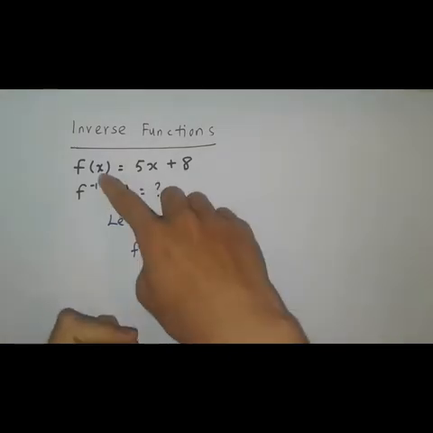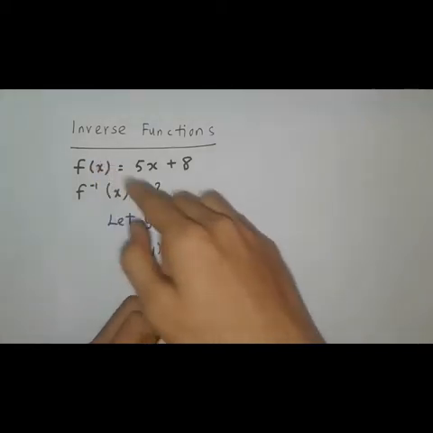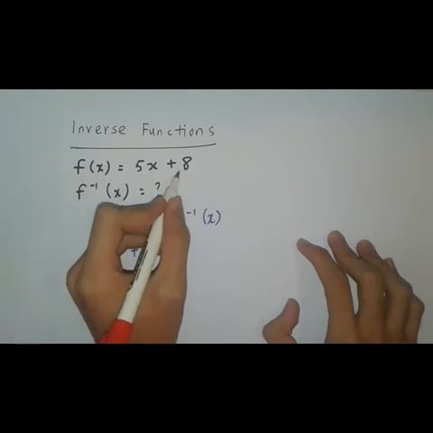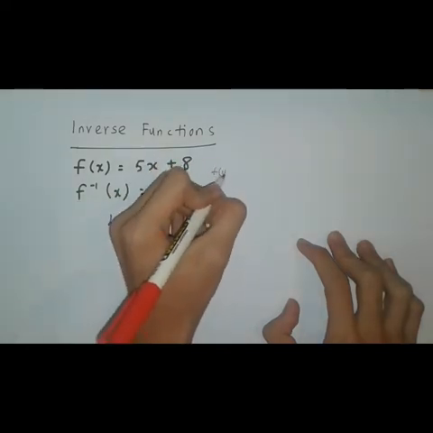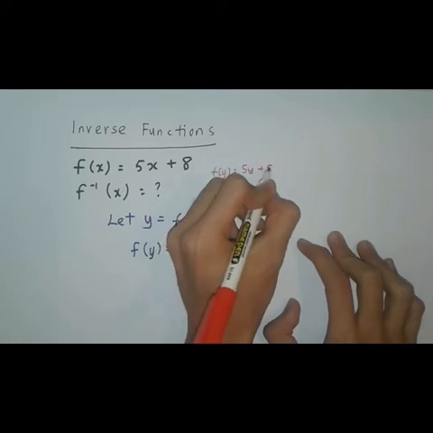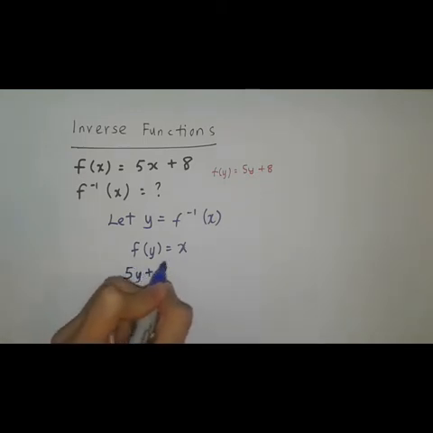If I want f(y), what I have to do is just swap x with y. So here f(x) equals 5x plus 8, and f(y) is 5y plus 8. So we just copy right here, f(y) is 5y plus 8 equals x.